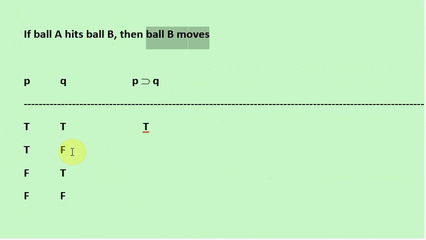Now you might ask, why? How could that happen, right? Well, it's not hard to imagine how that can happen. What if somebody glued ball B to the pool table, right? Or what if ball B is on one of the edges and just can't move forward, even though ball A hits it? Maybe it kind of trembles, but it doesn't move.